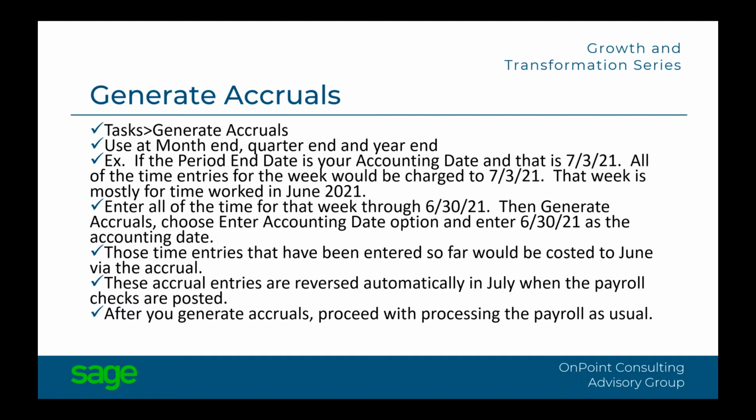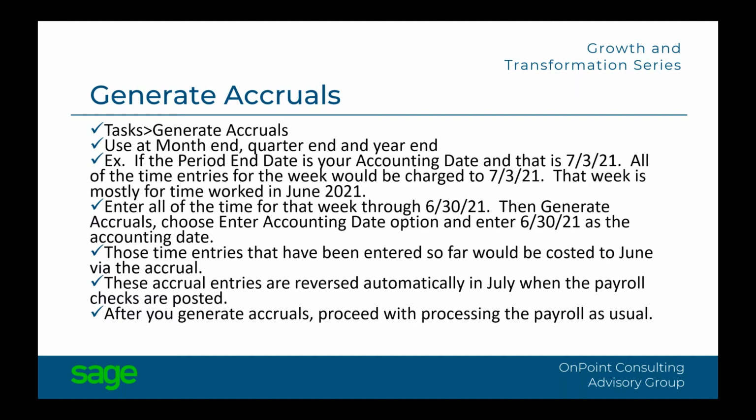Then you would use the Generate Accruals feature, choose the enter accounting date option, and enter June 30 as the accounting date. All of the time entries that are entered up to that point would be accrued into June.